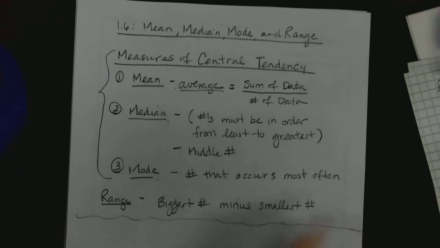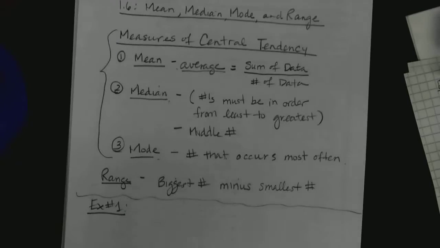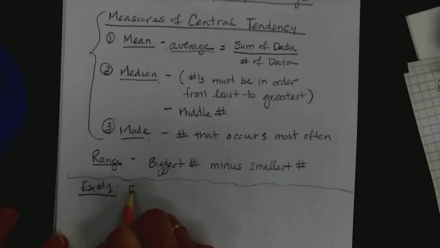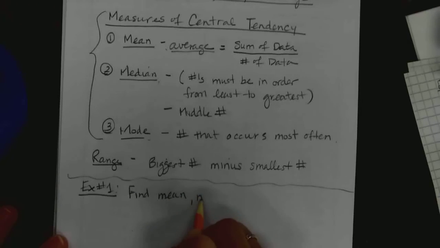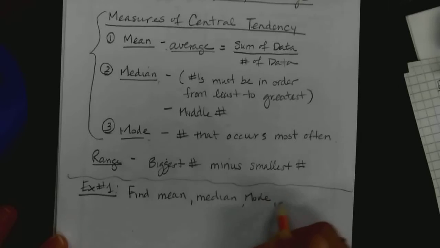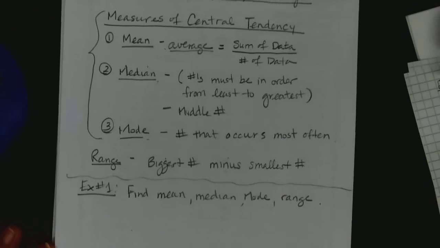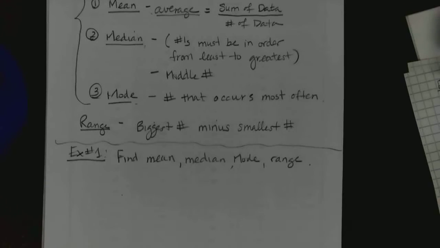Let's start with example number 1. We are going to find the mean, the median, the mode, and range. Okay? I'm going to find all of them. Here's your data.